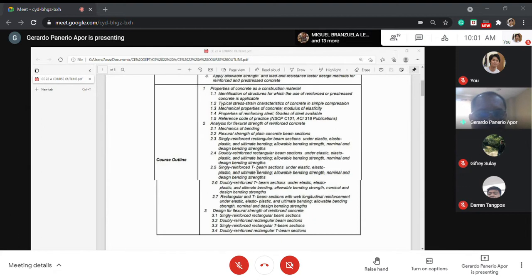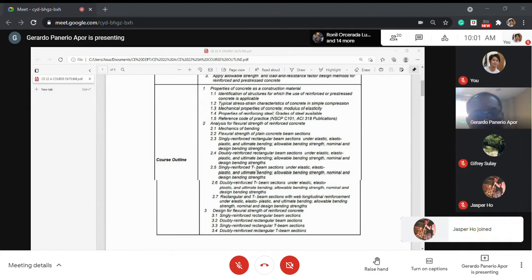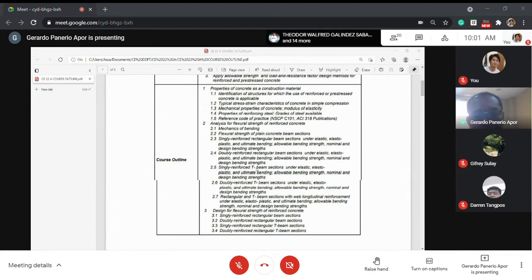It's not only limited to rectangular and T, but time for discussion is limited. So that's why we limit only to rectangular and T. Not only that they are the common shapes, we limit to two because if you need to analyze a different shape, the procedure is just the same.